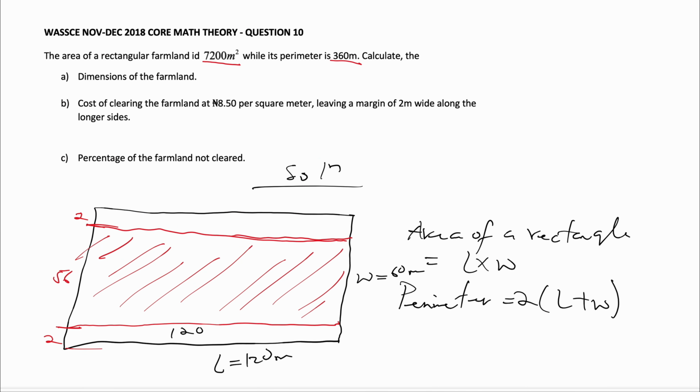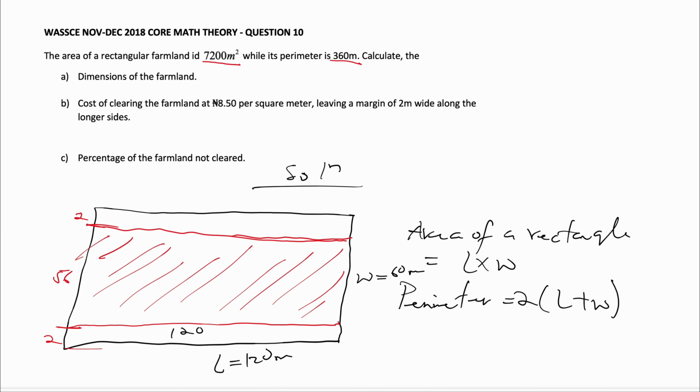So the area not cleared will be equal to the total area minus the area cleared, which is 7200 minus 6720, equal to 480. So the area not cleared is 480 meters squared.